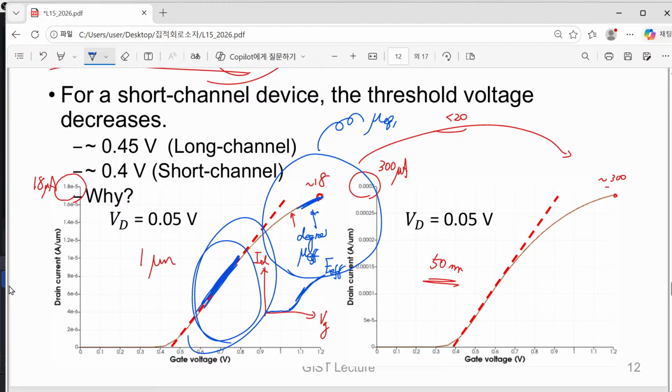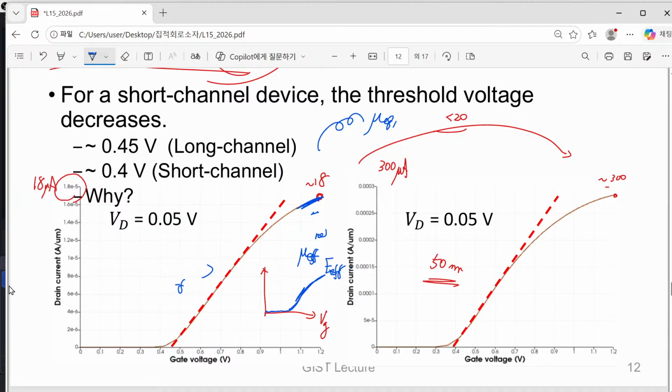It means that in this area, the increase of your electron density is the dominant factor, and the decrease of your effective mobility is not that severe. So therefore, now you can see just the behavior of your electron density. Okay, so from this point, you wanted to find out or estimate the threshold voltage.